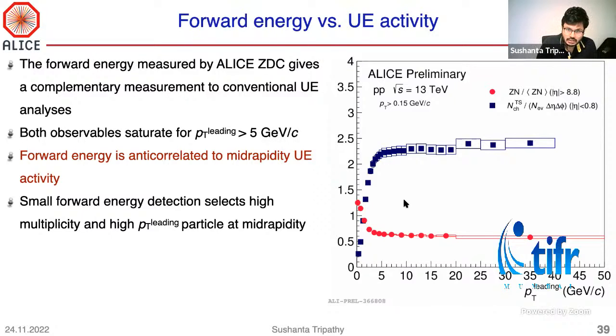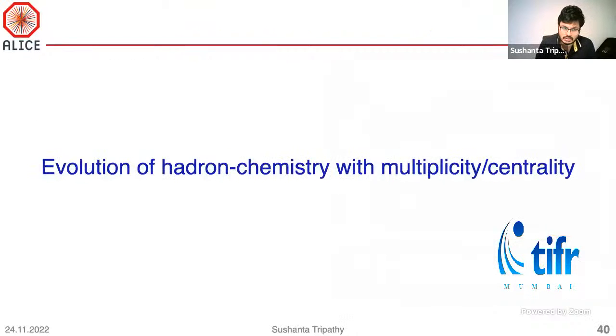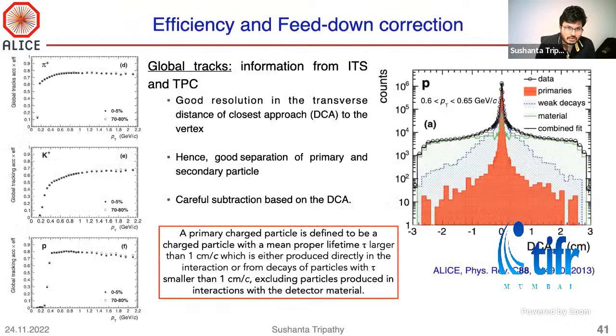Okay, with this info, let us look at the evolution of hadron chemistry with multiplicity and centrality classes. To study the particles, both charged particles and identified particles, one uses several correction methods.